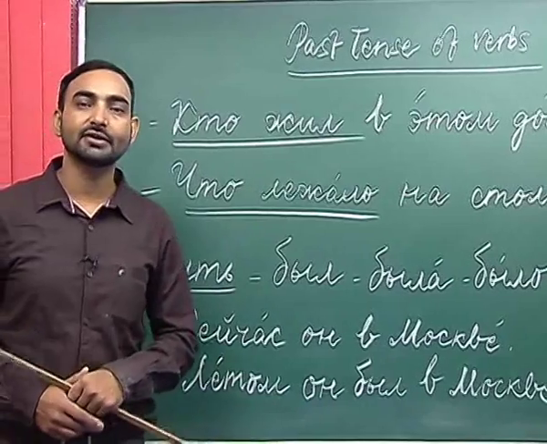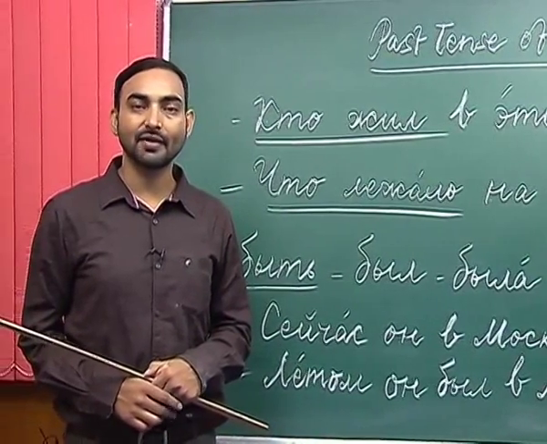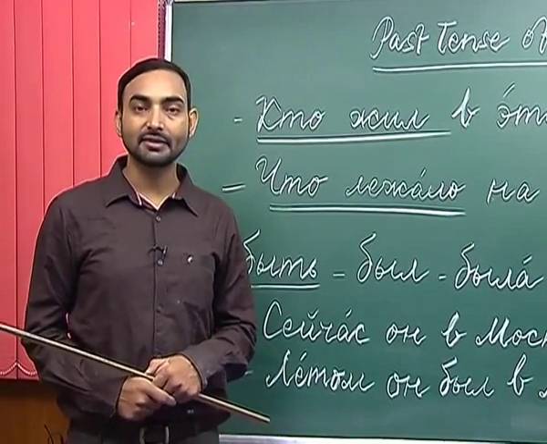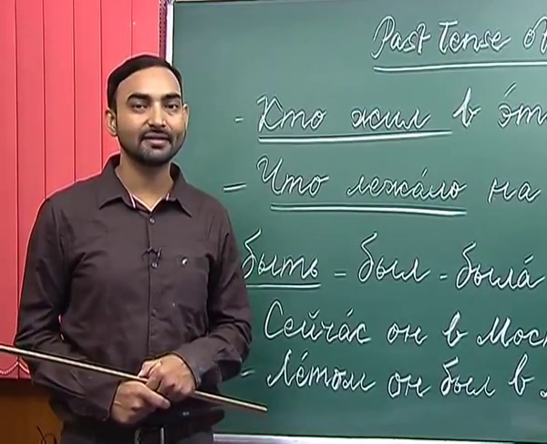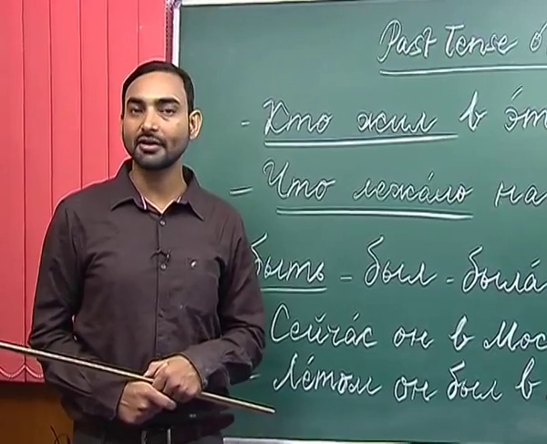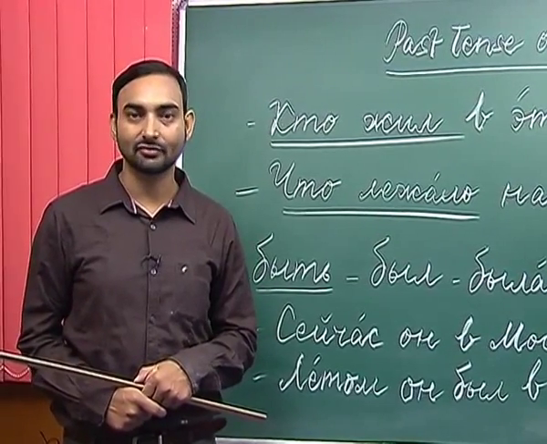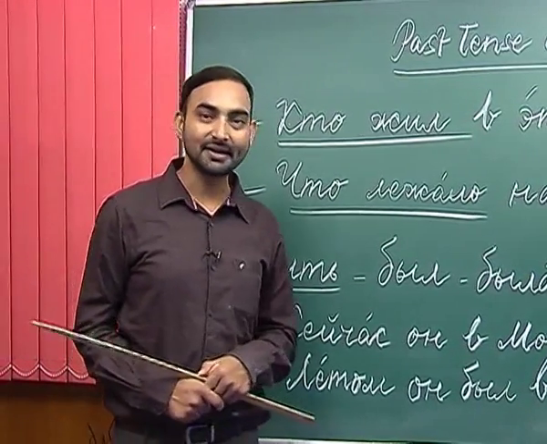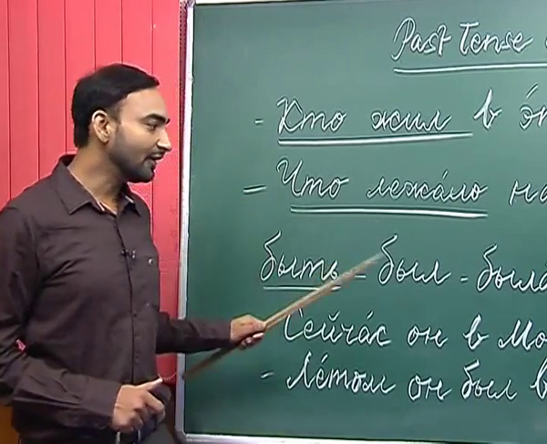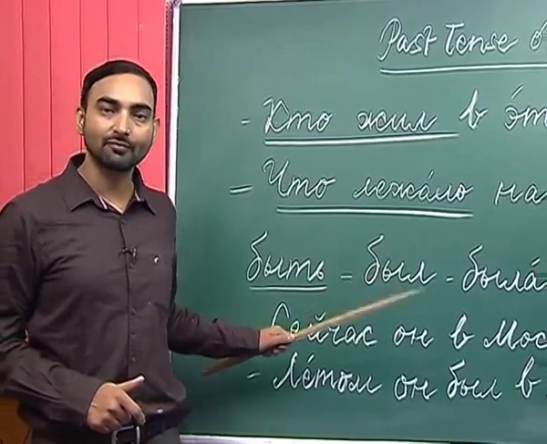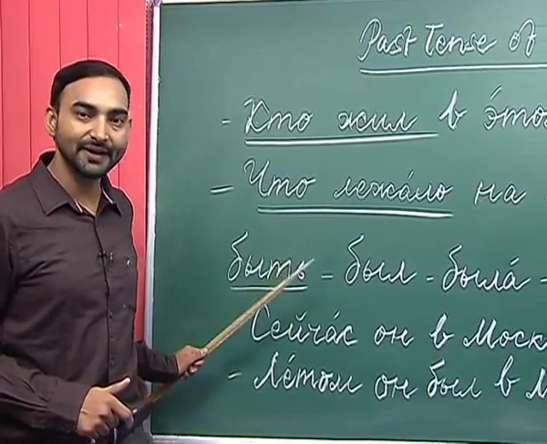Another thing about Russian is, as we have already discussed, that byt' is a verb which means to be. It is an auxiliary verb, not used in the present tense normally, but in the past tense it is used. And how will we obtain the past tense form from the verb byt'?